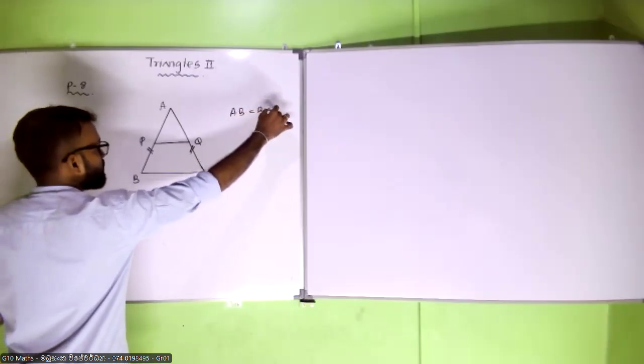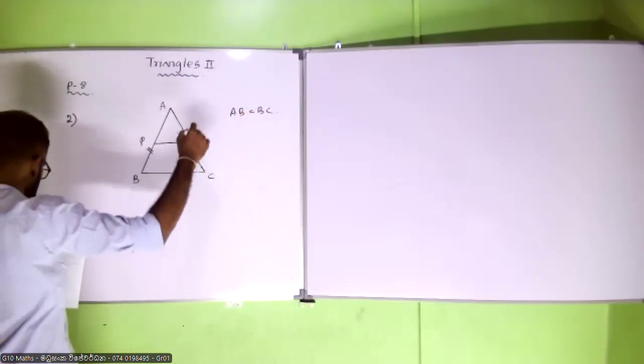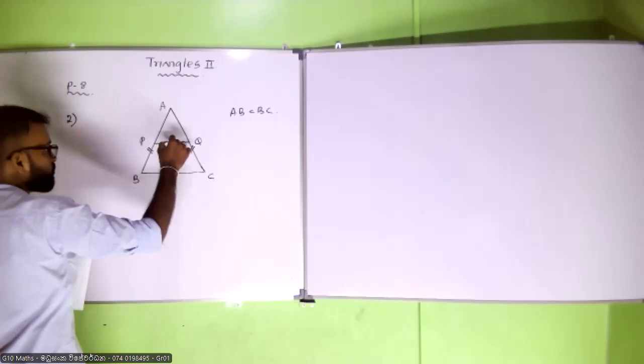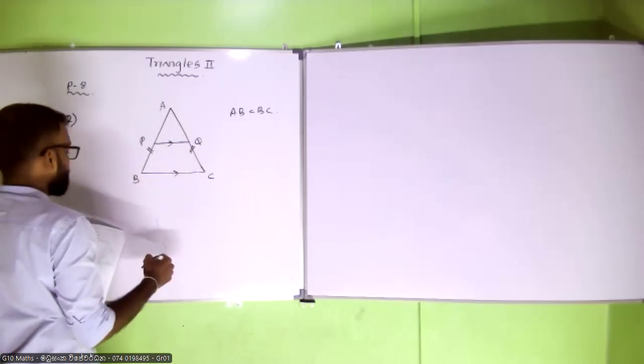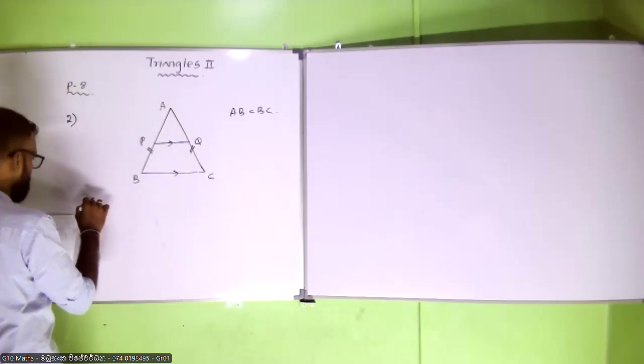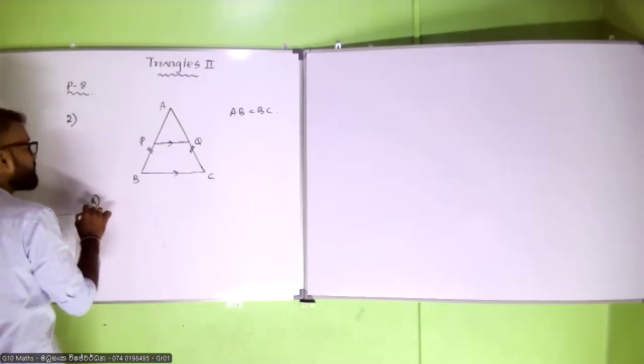AB equals AC, right? Those are given, and BC is parallel to PQ, so these two will be parallel. Then you have to show first AP equals AQ.